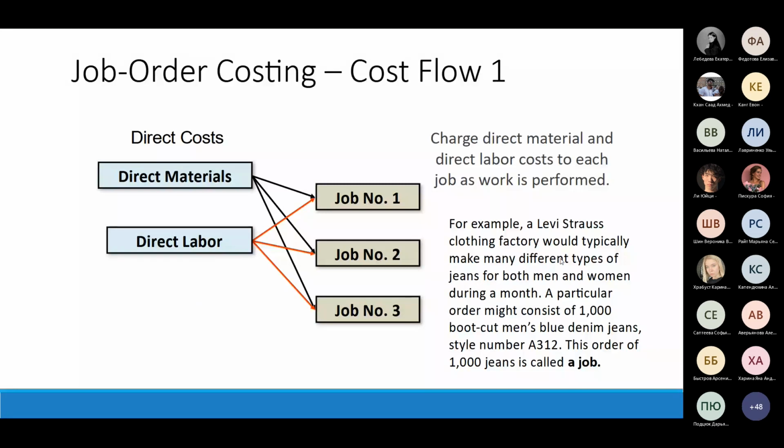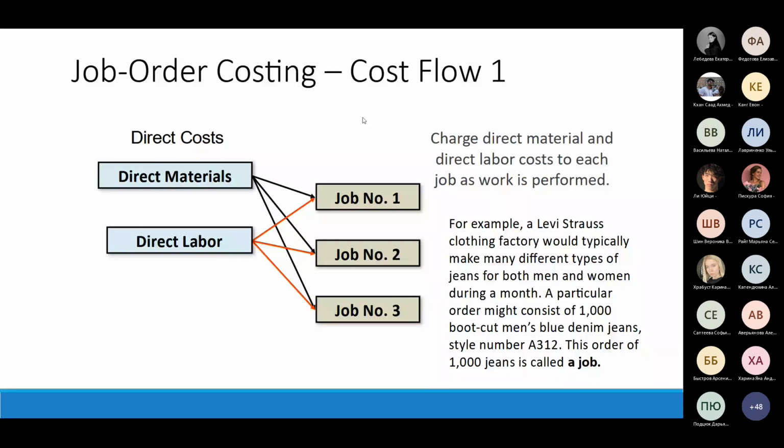First of all, we have to identify the cost flow. We have to understand what materials are needed for each job. Job would be the particular order from the specified client. Job may be the part of the order which includes the specified product.